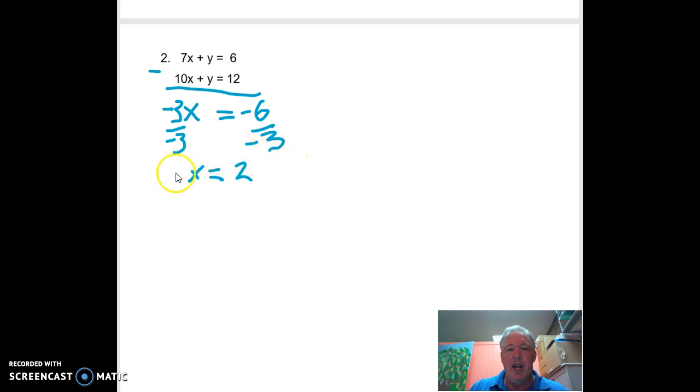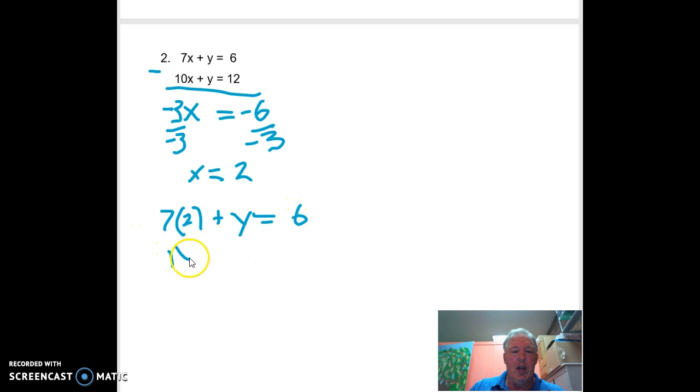Now we have to take what x is equal to, 2, and plug it back into one of the equations to find y. So we're going to use the first one, and we're going to have 7 times x. We said that x was equal to 2. We're going to add a y because we're solving for y, and that's going to be equal to 6. So let's see what y is equal to.